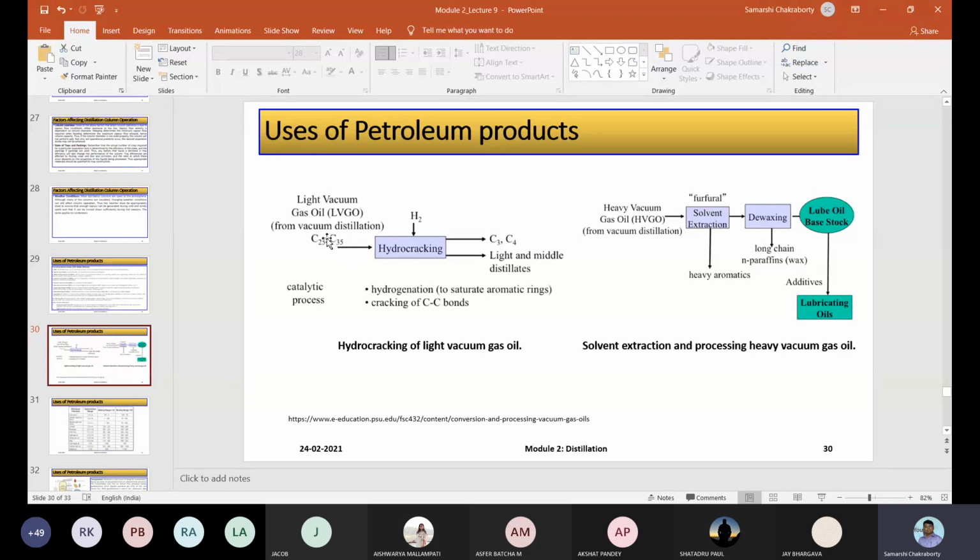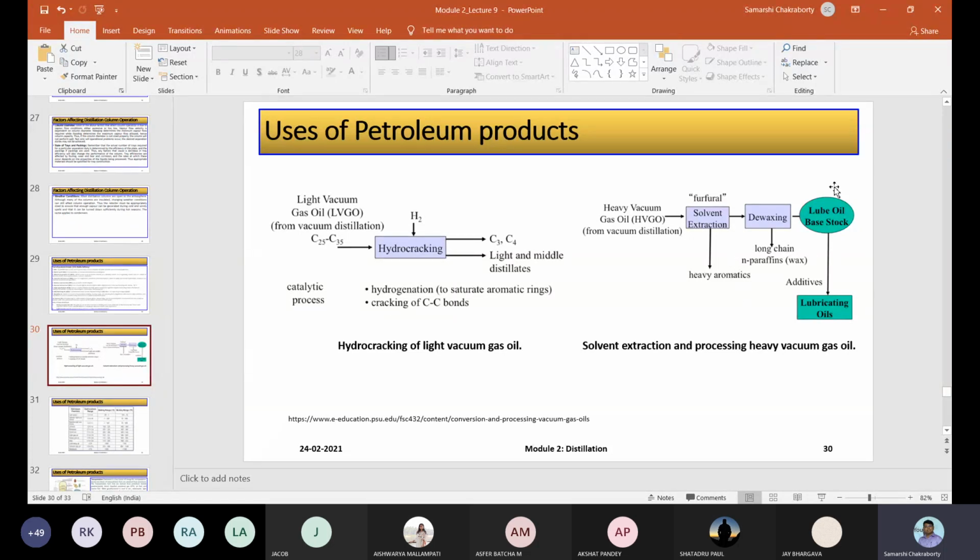So that's why, by adding hydrogen, you convert light vacuum gas oil into light and middle distillate, and it can produce propane and butane also. These products you can further utilize. And heavy vacuum gas oil, after some solvent extraction, because some wax can be present there, this wax you can directly use in the cosmetic industry to make different products.